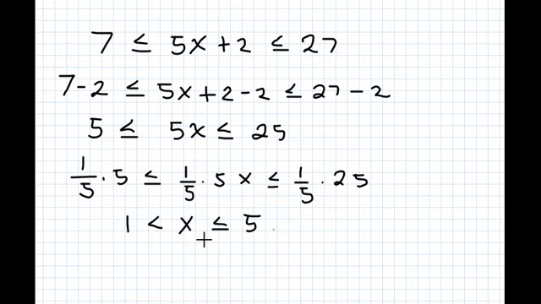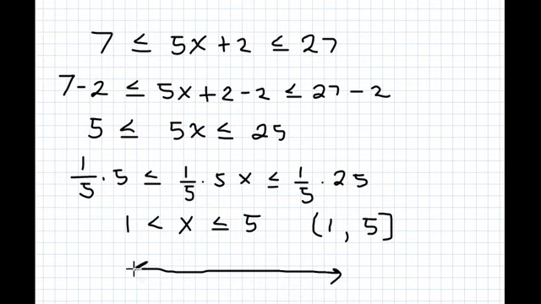So let me just go ahead and write the interval. X is greater than 1 and less than or equal to 5. So we don't include 1, but we do include 5. And let's go ahead and draw our graph out here. And I'll just put a 1 here.